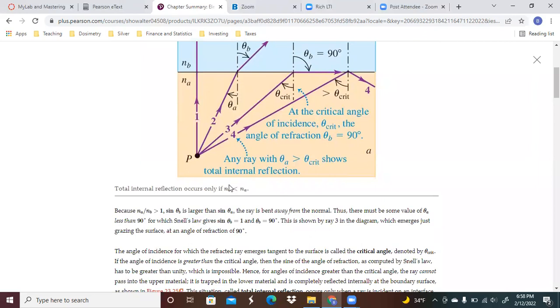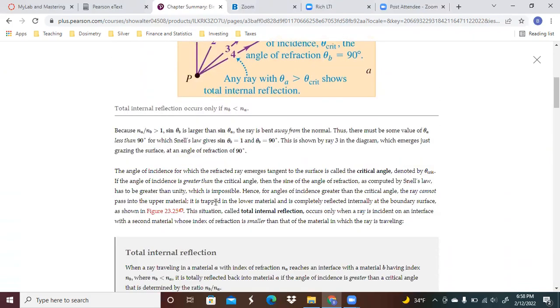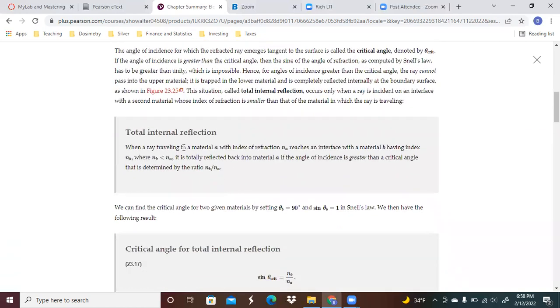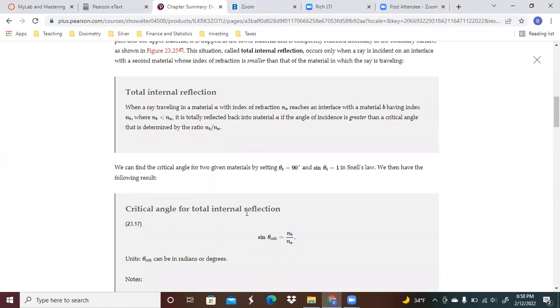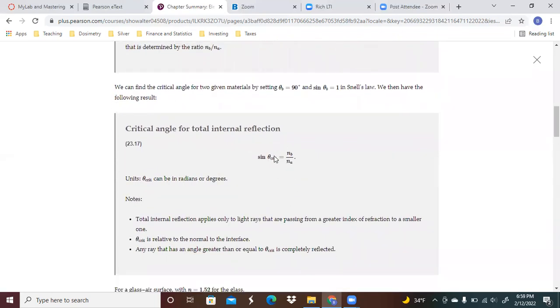This only occurs if this, again, is smaller than this. In other words, your index here is going to be smaller than what you're running into here. That is something to remember in terms of your indices of refraction and how they relate to each other. So the critical angle for total internal reflection ends up being this.